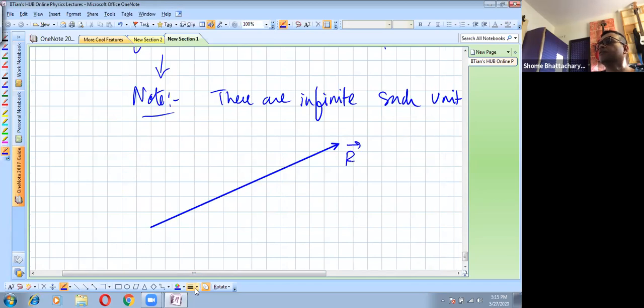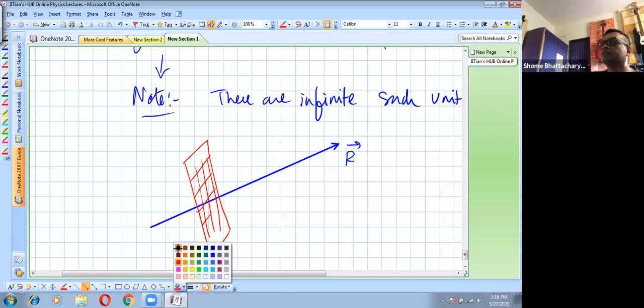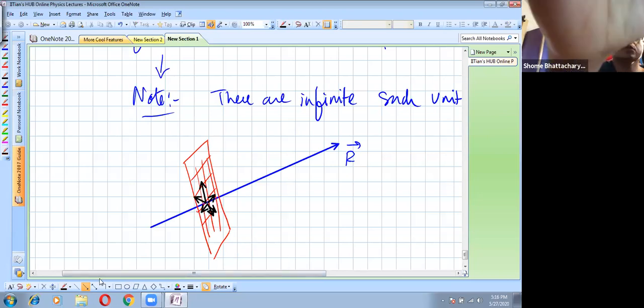Now think of this vector cutting through a plane like this, perpendicular to that plane. Within that plane, there are infinite such vectors lying.